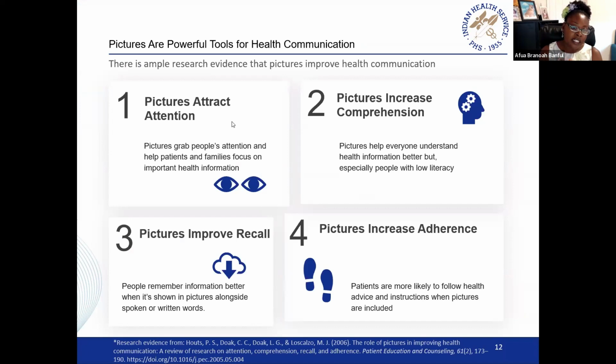There's a lot of research, but I particularly like the paper that I've cited down here. It's called The Role of Pictures in Improving Health Communication. It's great because on its own it's summarizing a lot of the research. So I know this is not a discussion about research detail, but if you want to go and look at more, that paper is a great paper. But I've pulled out the main insights in a succinct way that we can talk about.